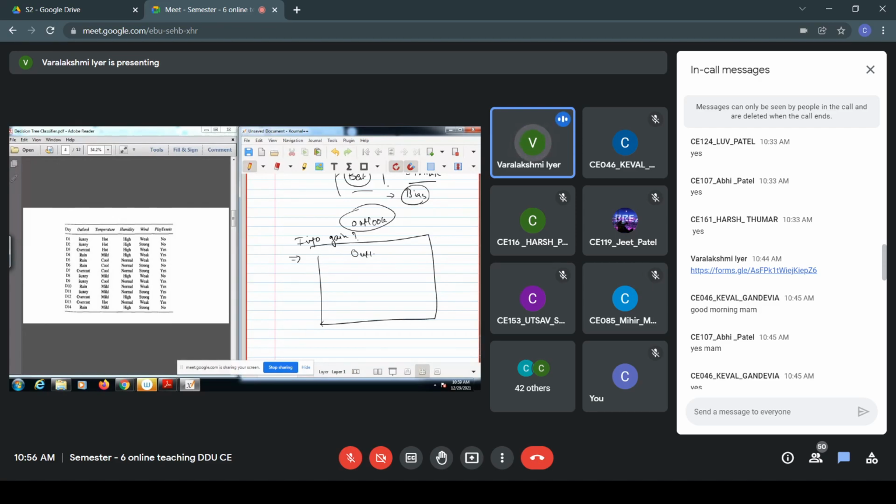So we are creating a decision tree for this entire database, right? That is what we are doing. So you try for the rainy first and then for the sunny, and check whether you are getting a different set of answers if you go for rainy first instead of sunny. Just check this one out.